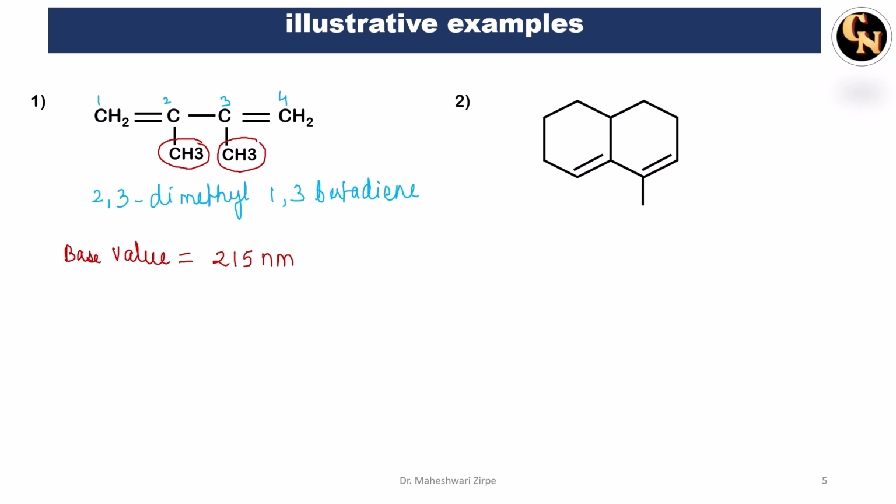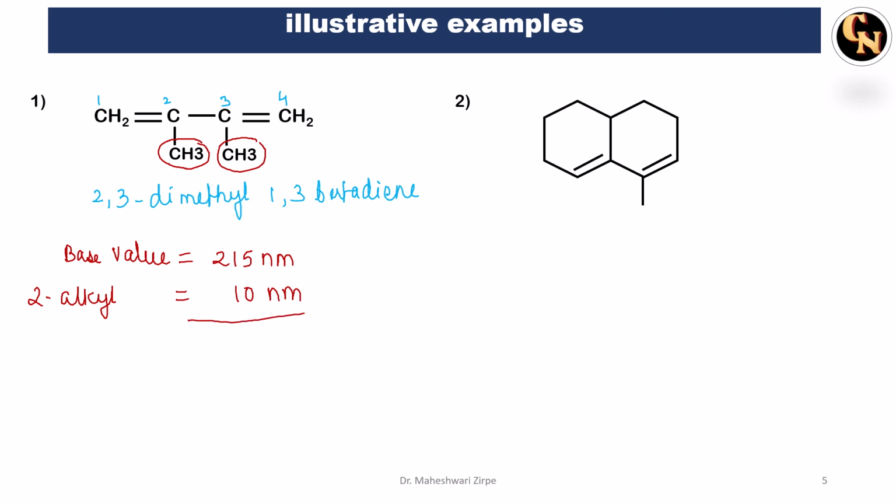So how many alkyl groups are there? 2 alkyl groups attached to the olefinic carbons. Each one we are going to add 5. So there are 2, so we are going to add 10 nanometers. And there is nothing else in this diene.